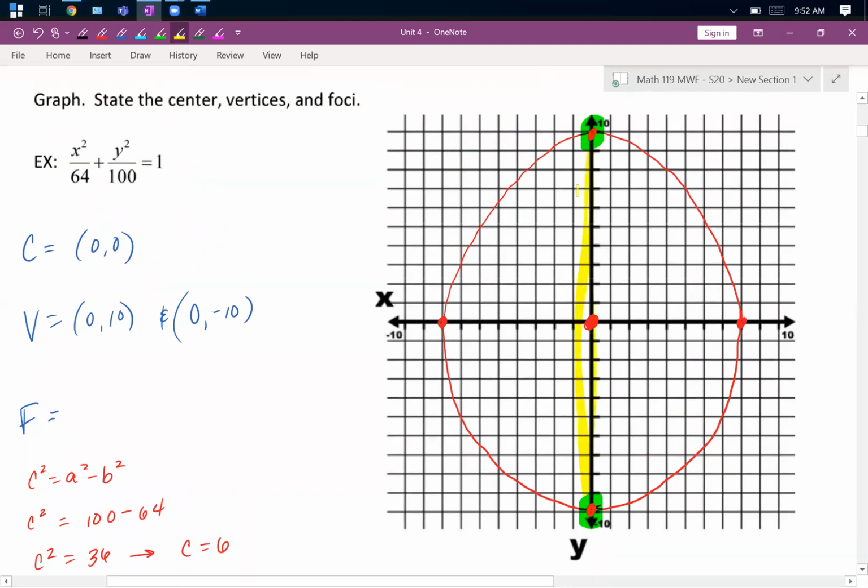Here's our major axis, then c, we're going to move away from our center that many units. Here we go. And those are our foci. That's the point (0, 6) and (0, -6). That's it. I feel like it's easier than all those words make it sound to me. Questions at all?